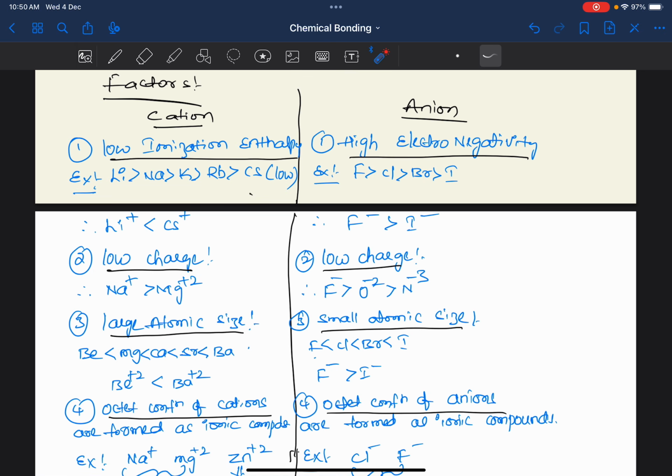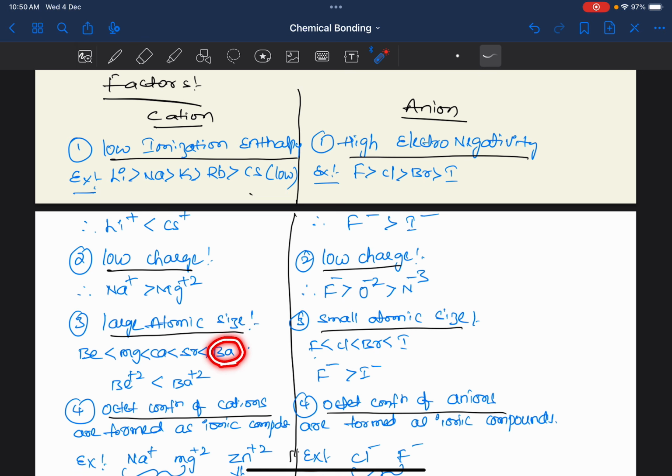Next, the third factor is large atomic size. In any group from top to bottom, atomic size increases. We already know about that. For example, I took the second group of elements: beryllium, magnesium, calcium, strontium, barium, and radium. Among these, the atomic size of barium is large.